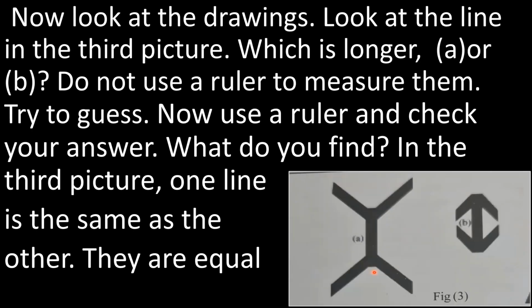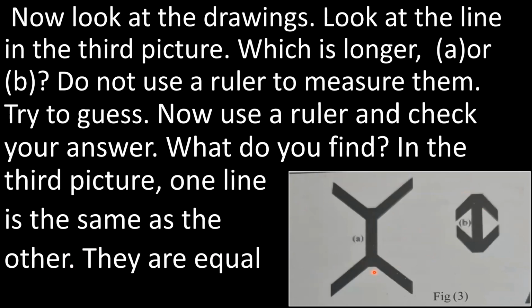Now, look at the drawings. Look at the line in the third picture. Which is longer, A or B? Do not use a ruler to measure them. Try to guess. Now, use a ruler to check your answer. What do you find? In the third picture, one line is the same as the other.